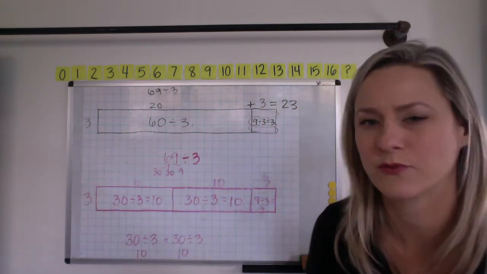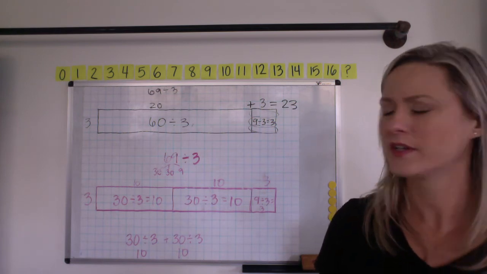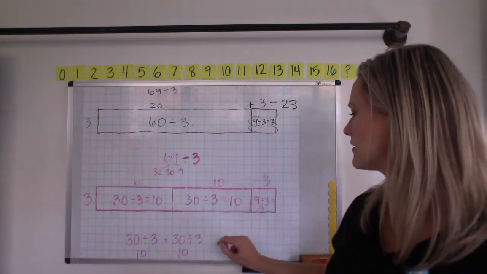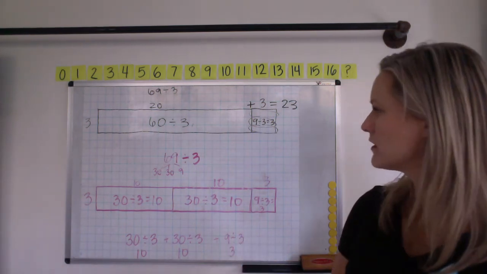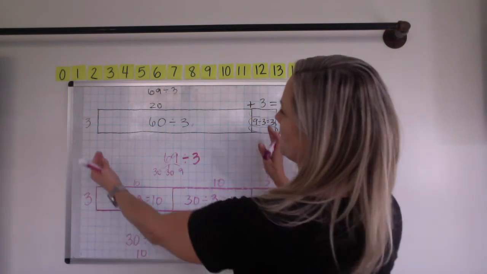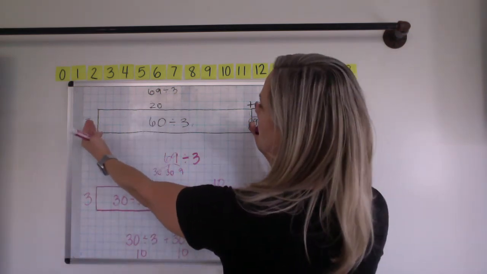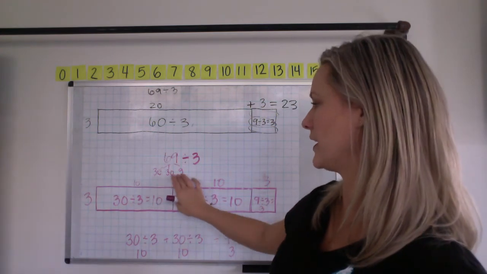What's the difference between these two strategies? Take a moment to really stop and look. What's the difference? So you can see that in this one, we split the 69 into a 60 and a 9. And in this one, we split the 69 into a 30, a 30, and a 9.